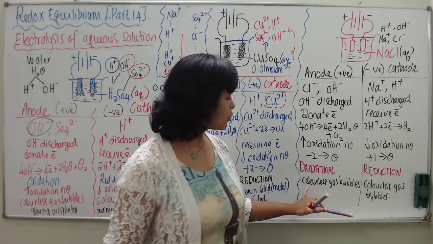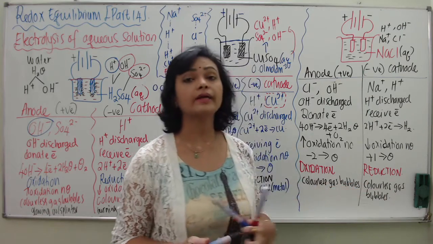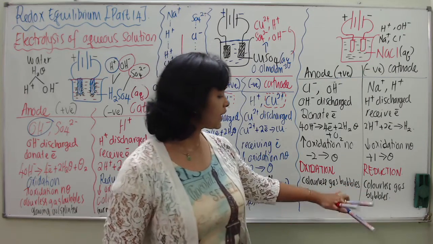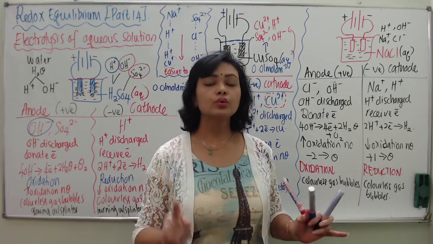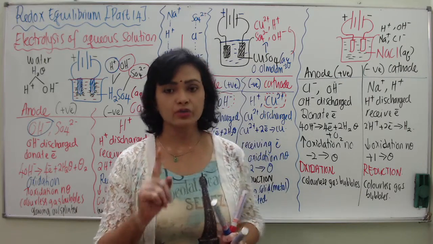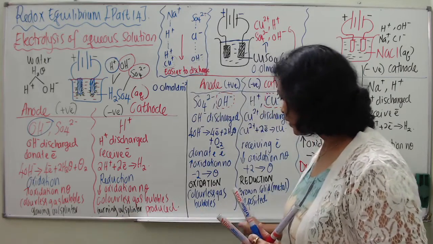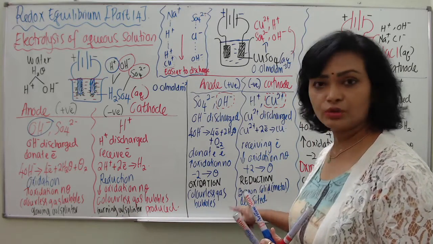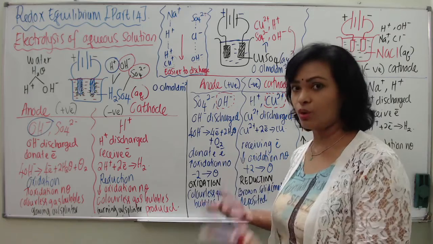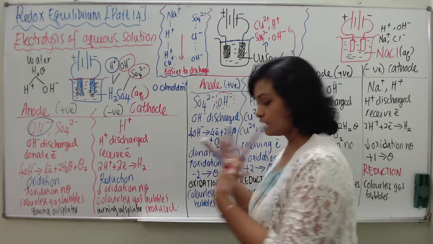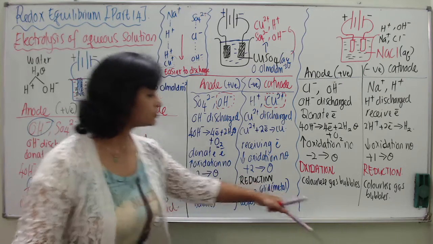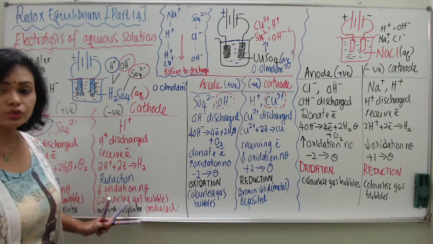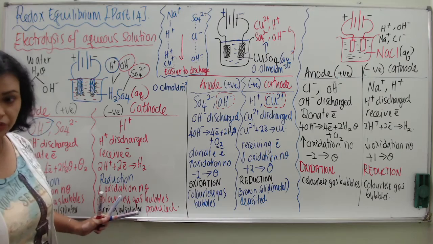That is the reason why, when you see two colorless gas bubbles, especially in this kind of reaction, can you see I don't even bother about this one? Why? Because we know we have one brown gas, so it's not so important for us to show which is oxygen gas. But for these two reactions, it is important for students to know which is oxygen gas and which is hydrogen gas.